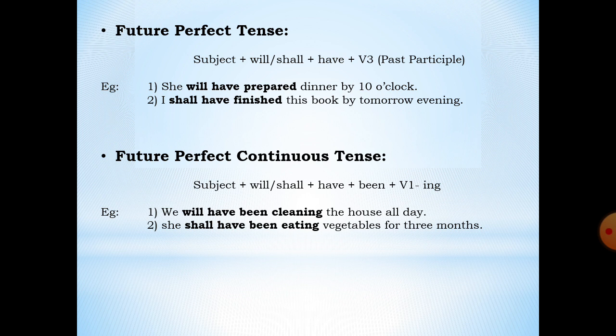In the first sentence, will indicates future tense, have perfect, and been cleaning is continuous. In the second sentence, she is the subject, shall is future, have indicates perfect, and been eating indicates continuous.